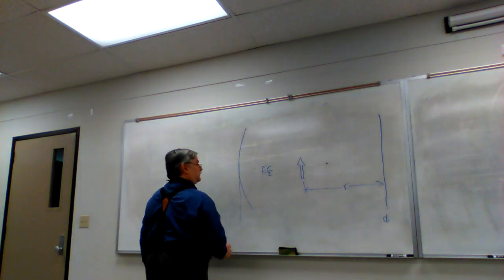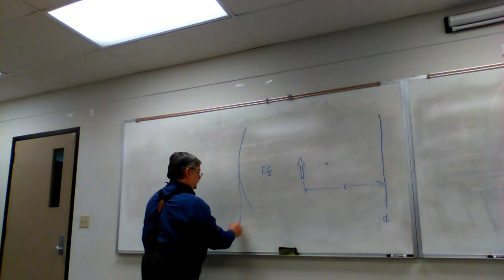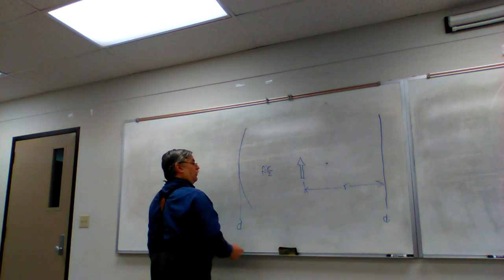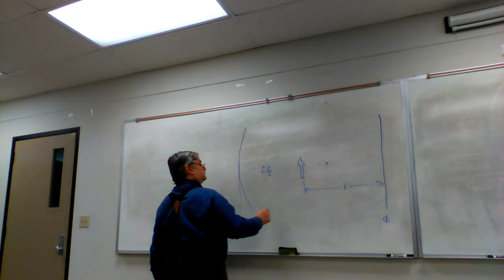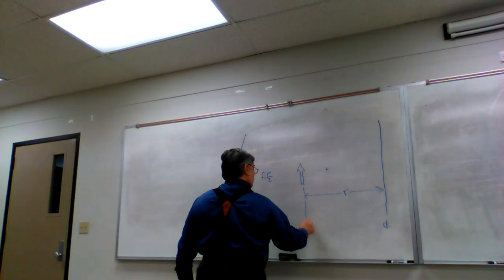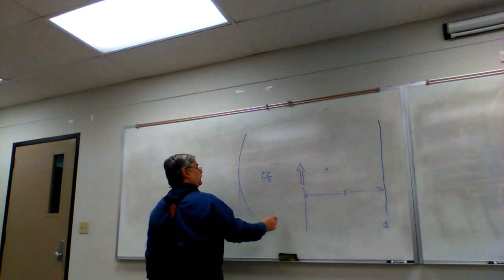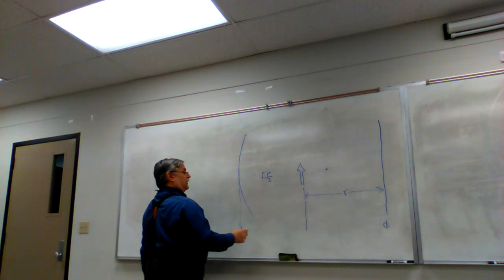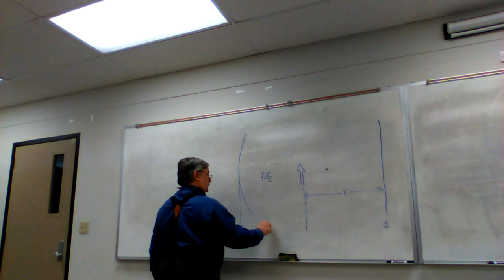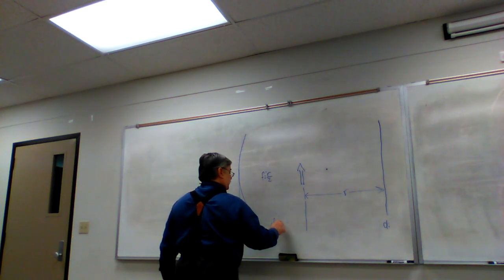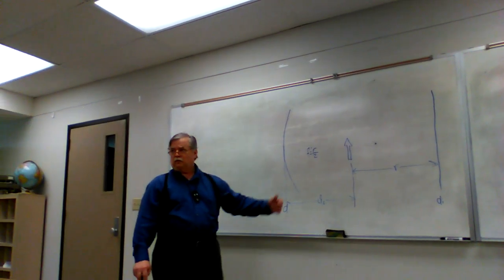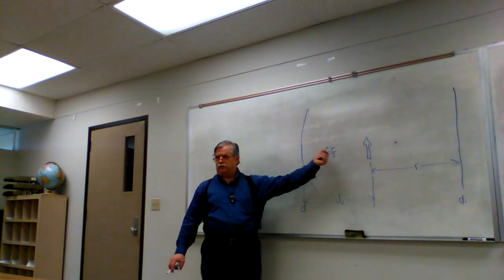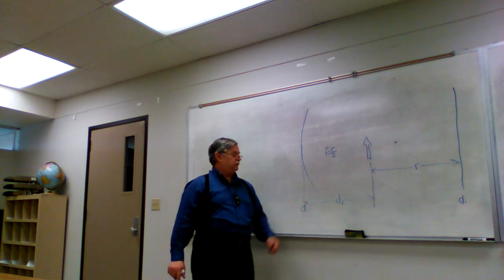And it is placed at some distance d away from that wall. Now from here to the object, we know that that is d sub O. We know that f, the focal length, is equal to the radius r divided by 2.